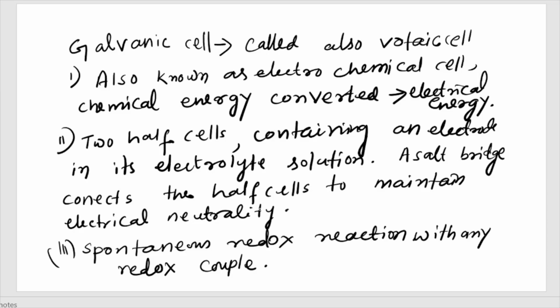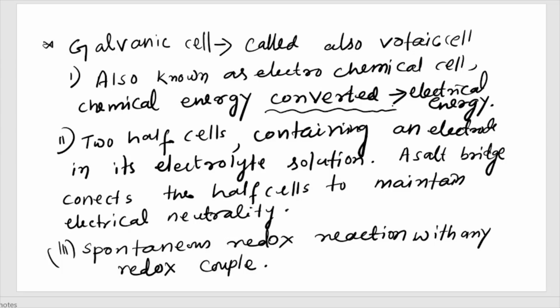Now coming again to the galvanic cell, because we left it earlier because of the redox couple and other things. A galvanic cell is also called a voltaic cell, that is clear. A galvanic cell, also known as an electrochemical cell, converts chemical energy into electrical energy.